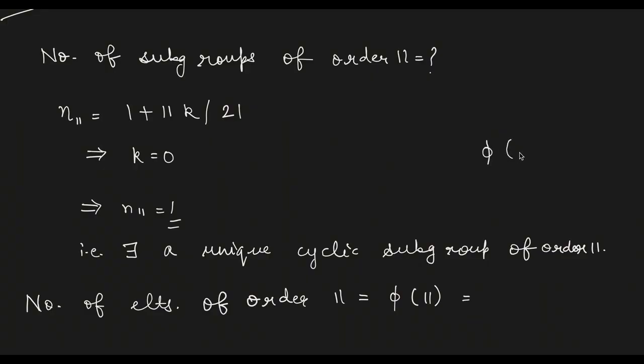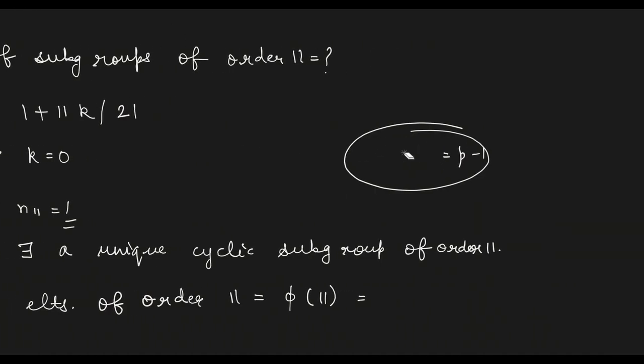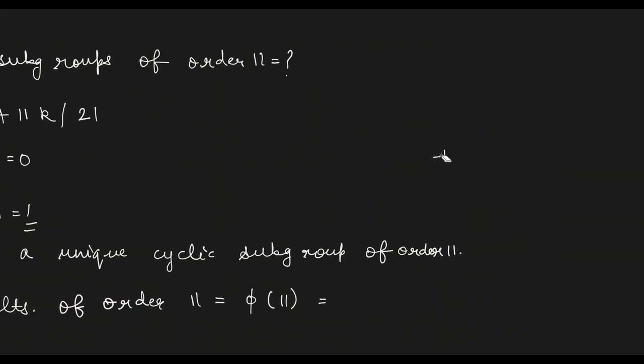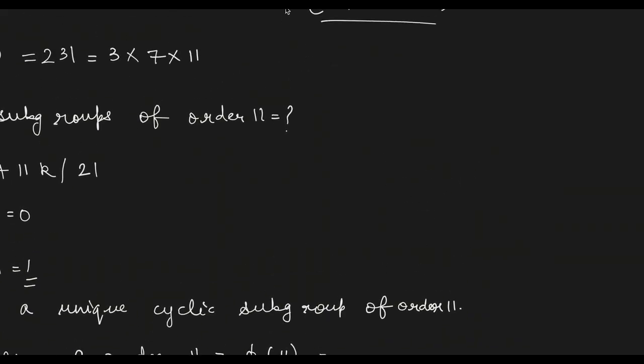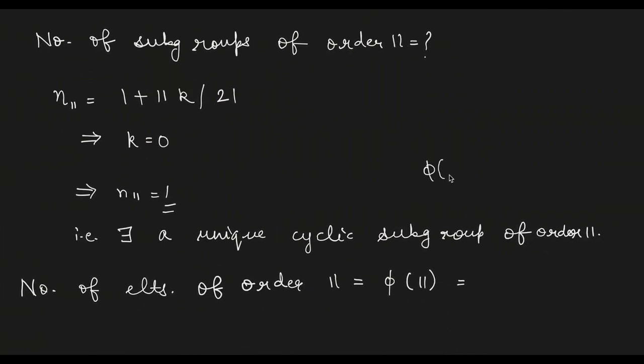We have studied this formula, no? Phi p equals p minus 1. P to the power n, one second. If we want to find phi of p to the power n, it is p to the power n minus p to the power n minus 1, something like that. No, that is when there is a power; now this is simple p. So phi p equals p minus 1. 10. So this is the answer.